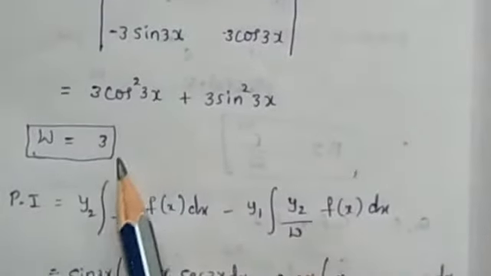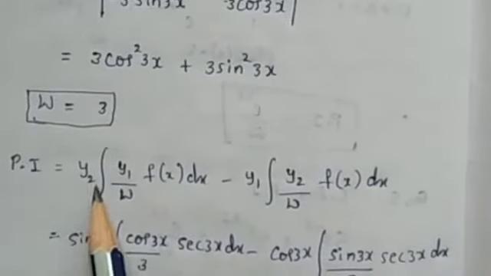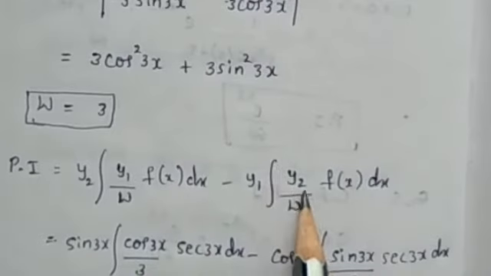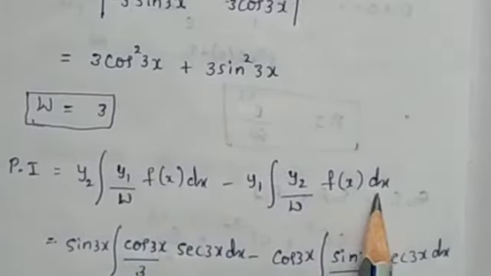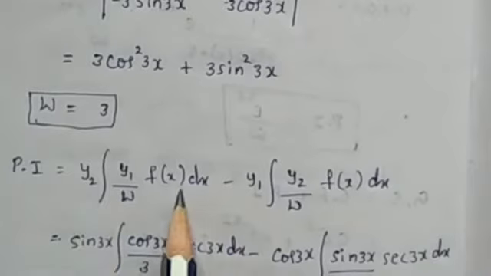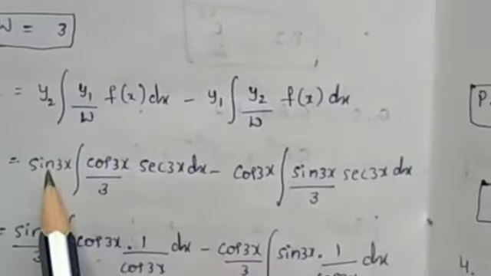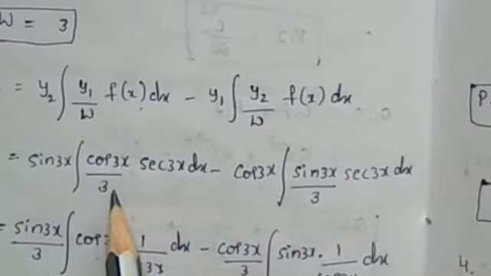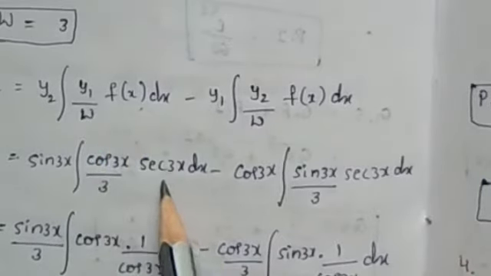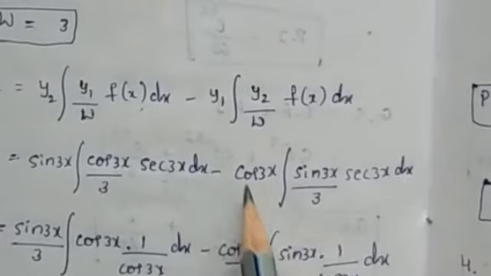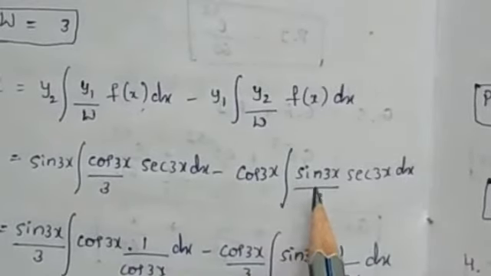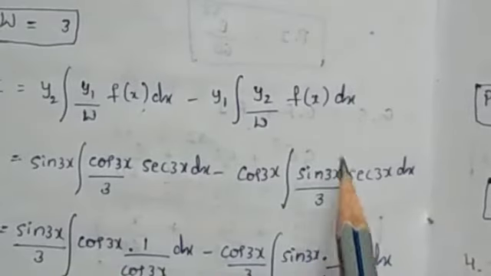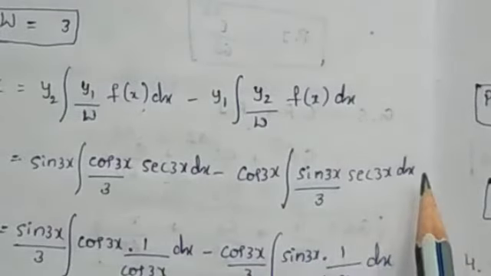Okay. So the particular integral is equal to y2 times the integration of y1 by W f of x dx minus y1 times the integration of y2 by W f of x dx. Then you substitute the y1, y2, f of x values. So y2 is sin 3x, integration of y1 is cos 3x by 3 into f of x, which is secant 3x, dx, minus y1, which is cos 3x, integration of y2 is sin 3x by W, which is 3, into f of x, which is secant 3x, dx.